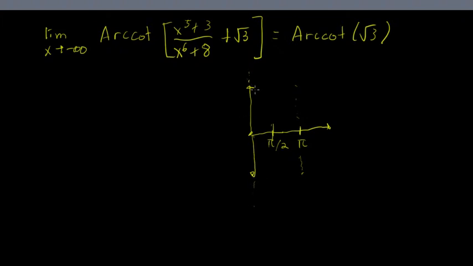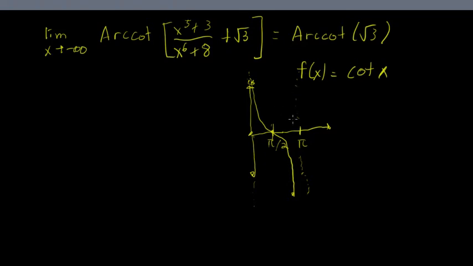Every integer multiple of pi, which includes 0 itself, you have a vertical asymptote. So this is just cotangent, okay? This is not arc cotangent. So this is f of x equals cotangent of x, okay?